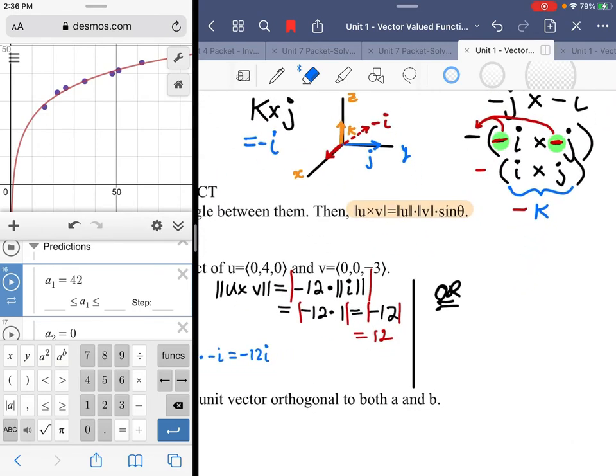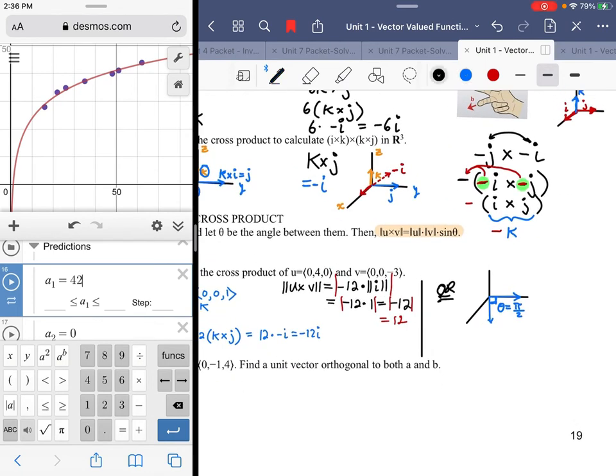All right, so just by doing a quick sketch, you got a vector going off this way, the y-axis, and -k axis going downhill. Pretty easy to see here that we're looking at a 90-degree angle. All right, so theta is equal to pi over 2.